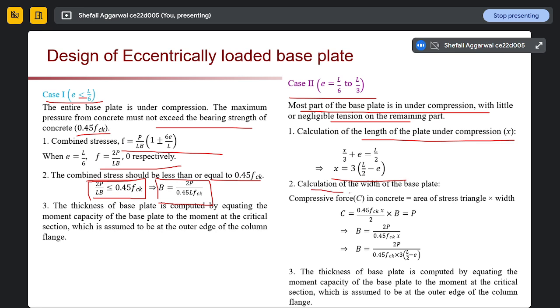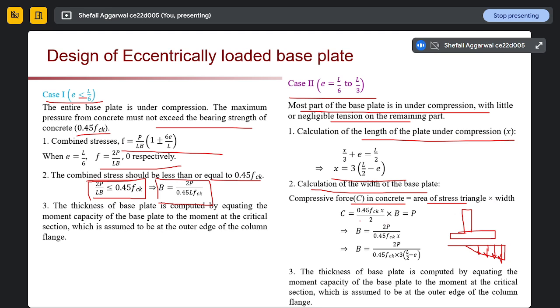Next, we will calculate the width of our base plate. The compressive force in concrete is given as the area of the stress triangle. If this is our base plate and this is our column, this stress triangle will be formed under the base plate. So compressive force is the area of the stress triangle into width.